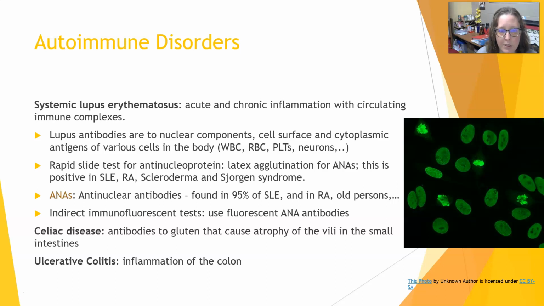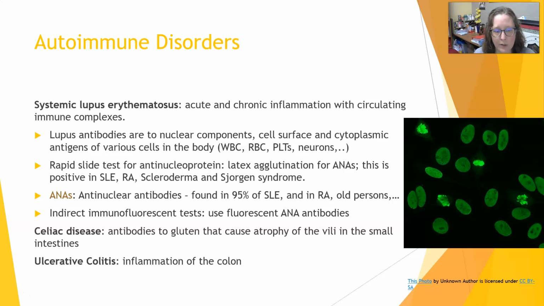So they can have antibodies to white cells, red cells, platelets, neurons, etc. The rapid slide test for the anti-nucleoprotein is a latex agglutination for ANA, anti-nuclear antibodies. And this is positive in systemic lupus erythematosus, but also in rheumatoid arthritis, scleroderma, and Sjögren syndromes.